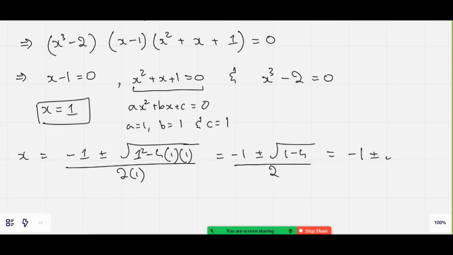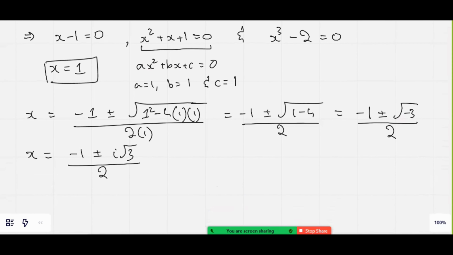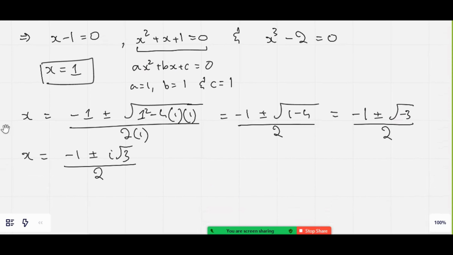Minus 1 plus minus under root minus 3 upon 2. Are you getting me? So x is equal to minus 1 plus minus iota under root 3 upon 2. So you're having two answers over here, and both of them are complex. Now we are going to sort out this last cubic factor. So let me close this thing in a box.